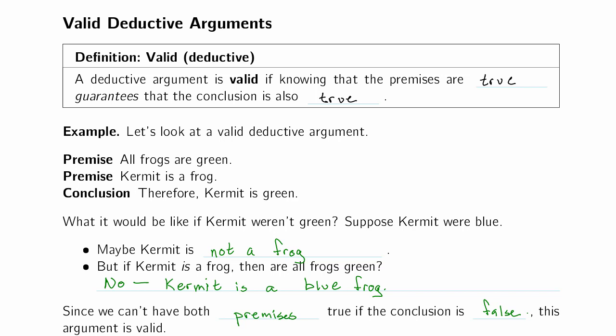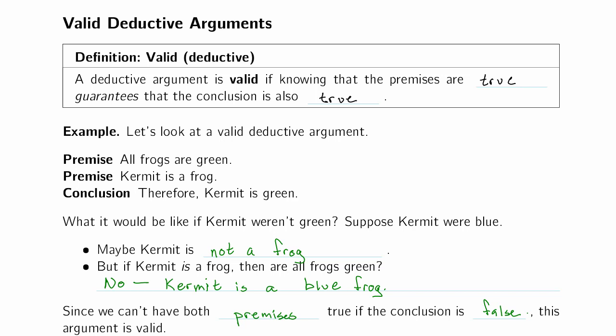We look for some situation that could exist, some state the universe could be in, where the conclusion is false, but both of the premises or all of the premises are true. And if we can't find that, if we're sure we can't find that, then the argument must be valid.